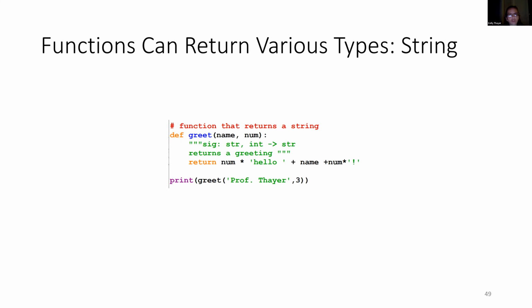The functions can return various types. We could return a float, a string, a Boolean. There are many different things that we could return. As we'll see when we get into some of the data structures, a function can also return data structures. One thing we want to keep in mind is that functions can have many inputs, as many as you would like to put in your parameters, but they can only return one thing.